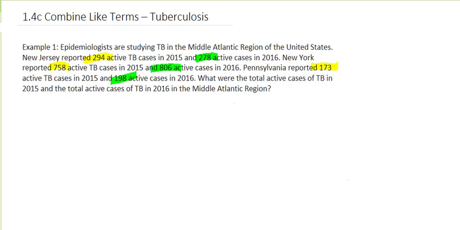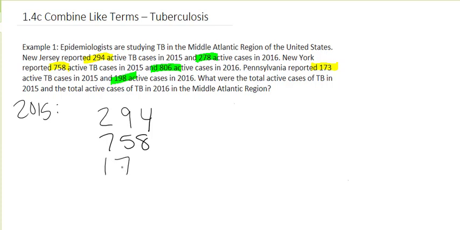So for 2015, let's actually add. So we have 294 plus 758 plus 173. So 4 plus 8 is 12, plus 3 is 15.